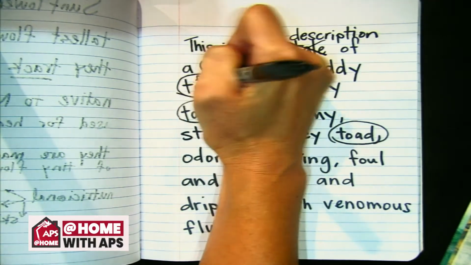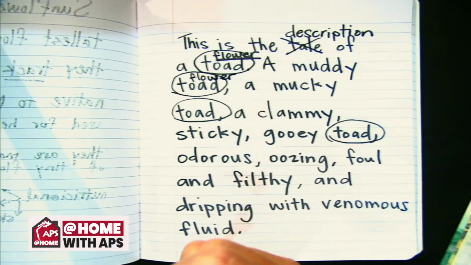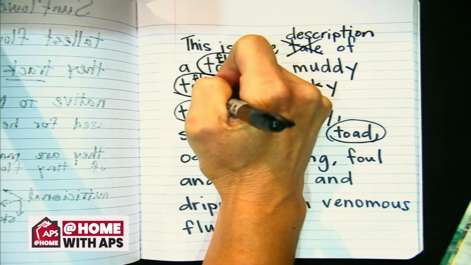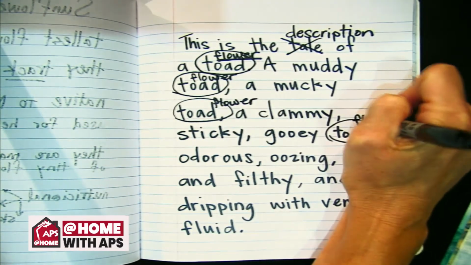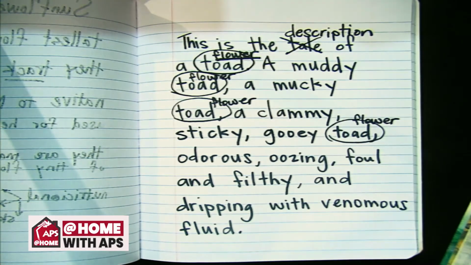Every time I see the word toad, I'm going to replace it with the word flower. Now, I also see another word repeating. I'll give you just a moment. What word do you see over and over and over?